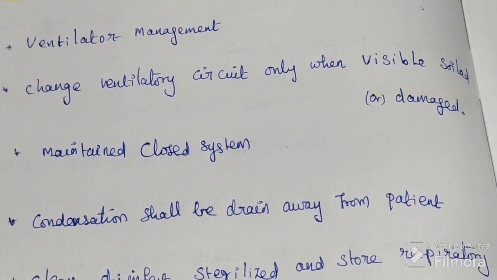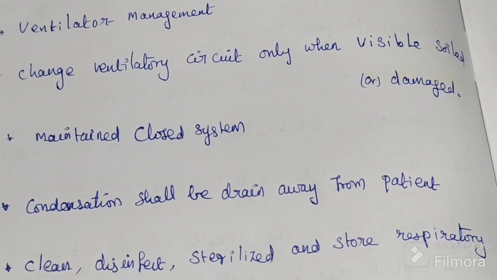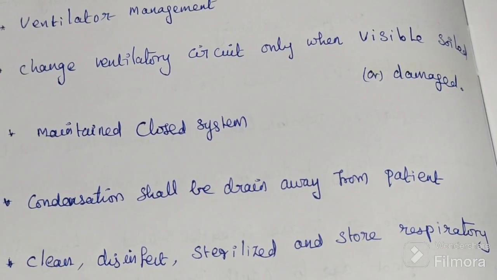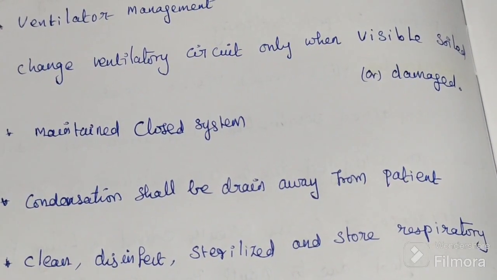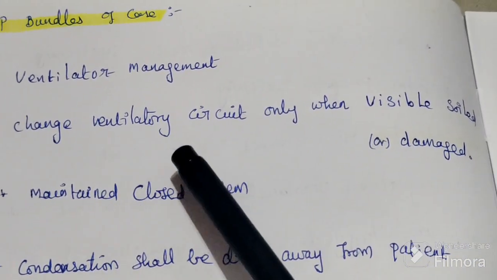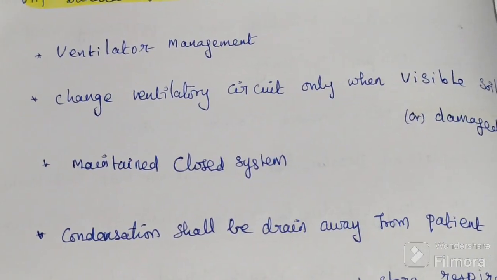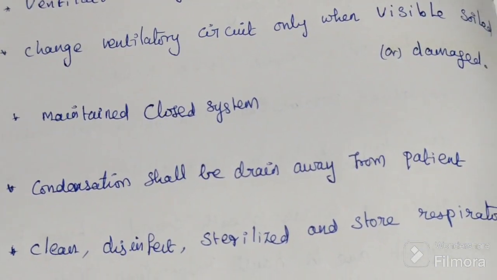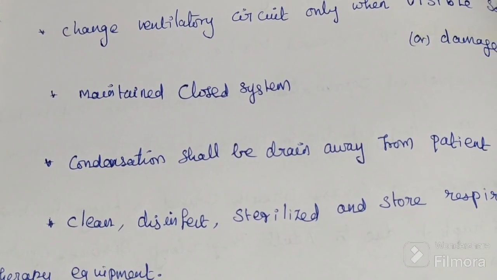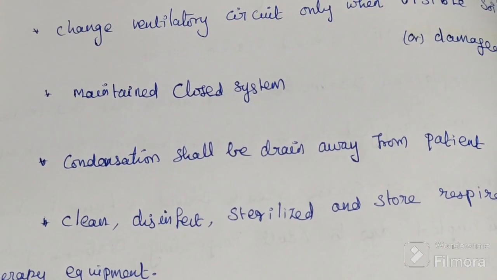These are the things to be considered. We need to change the ventilator circuit only when it is visibly soiled, malfunctioning or damaged. Second, maintaining the closed system approach is again a golden rule in prevention and control of infection.